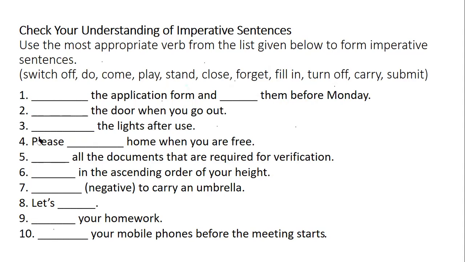Let's go to our seventh statement. Dash to carry an umbrella. It is a negative sentence. It is given as an order, so you have to put something negative over here. So "do" and "forget" we'll keep here: Don't forget to carry an umbrella.